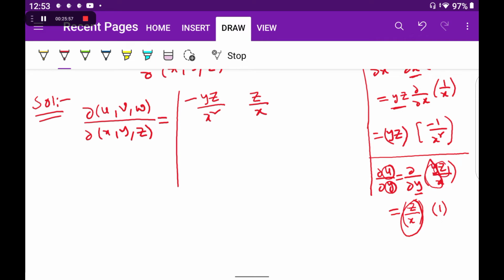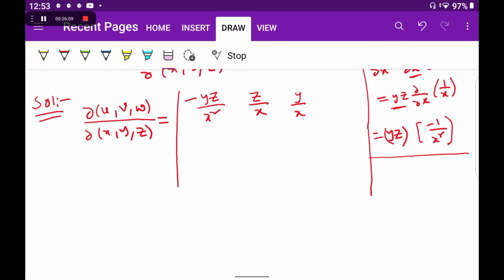The derivative of z with respect to z is 1. So y by x is the remaining factor. Similarly, if you find the remaining terms, you get z by y, minus zx by y square, x by y.